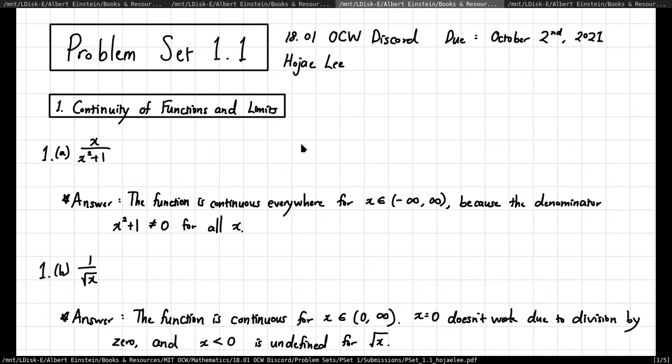But looking at some other problem set solutions, some people said it's discontinuous at x equals 0, and it's a removable discontinuity. Since there are some different solutions, maybe we could talk about the second question.